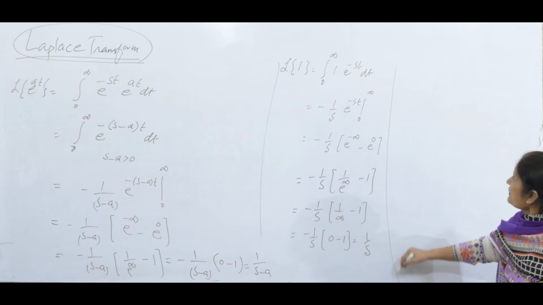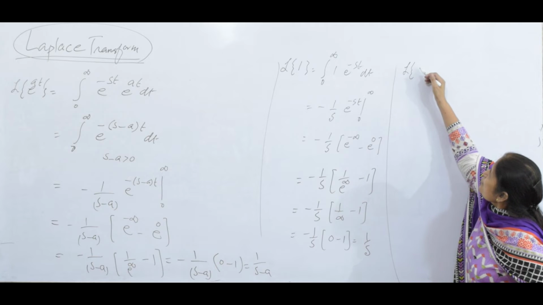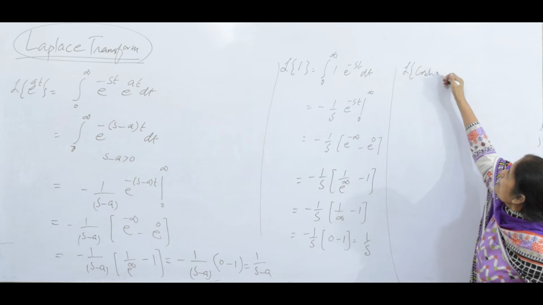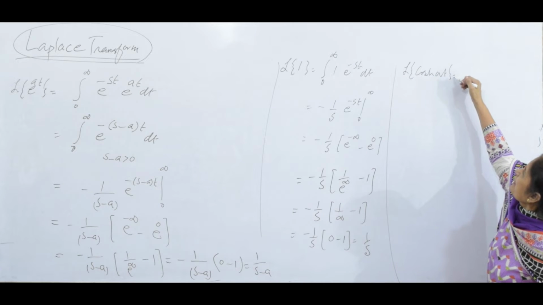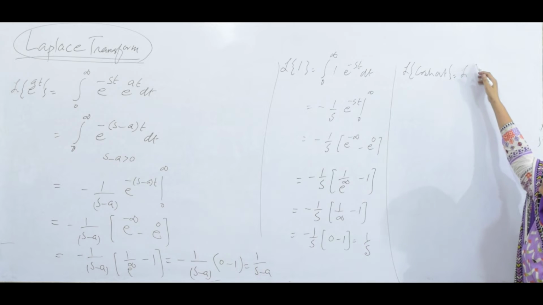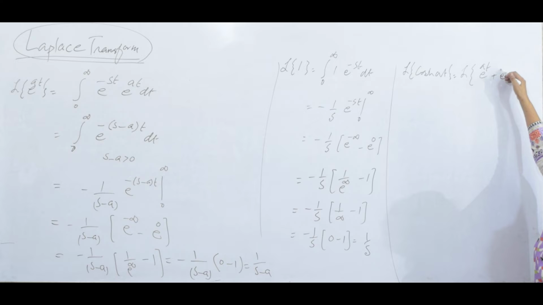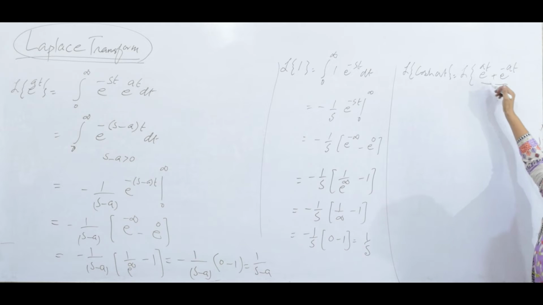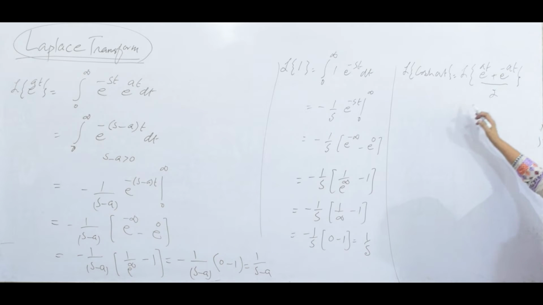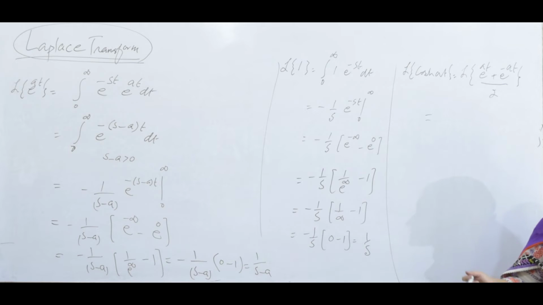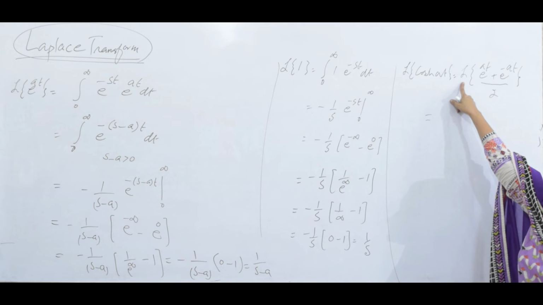Let me find the Laplace transform of cosh(at). Can I write it in terms of exponential functions? The formula for cosh(at) is this. And I have discussed that the Laplace transform is a linear operator.